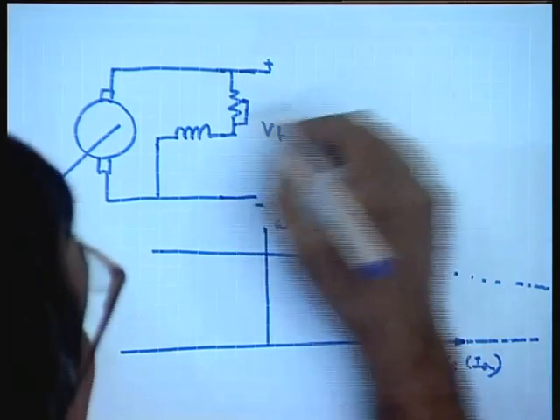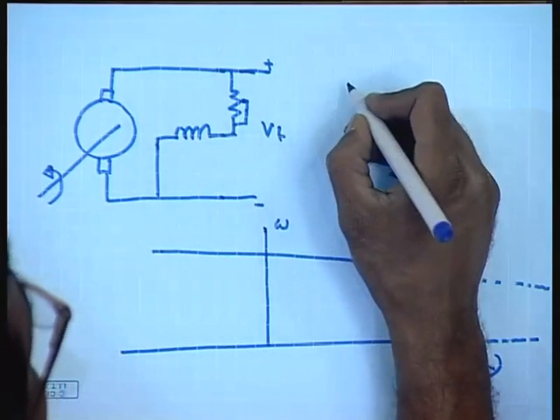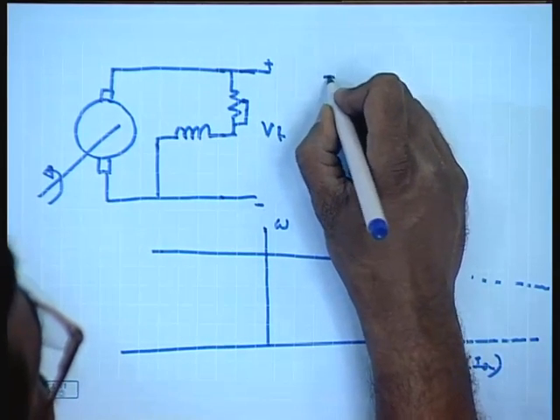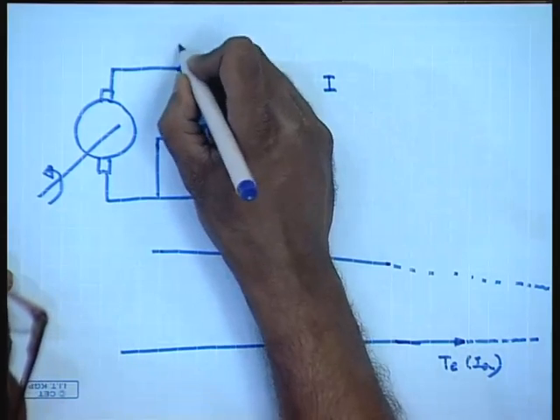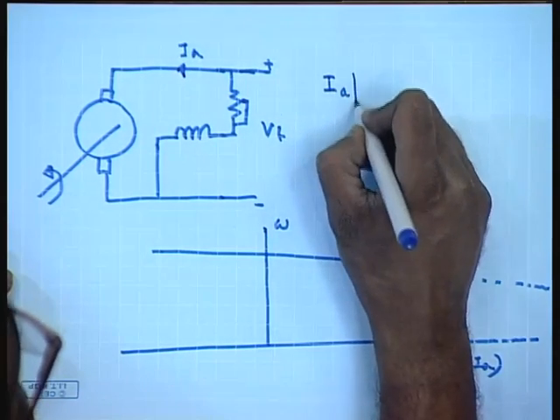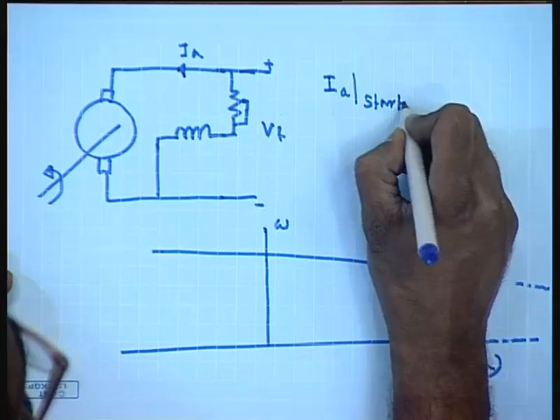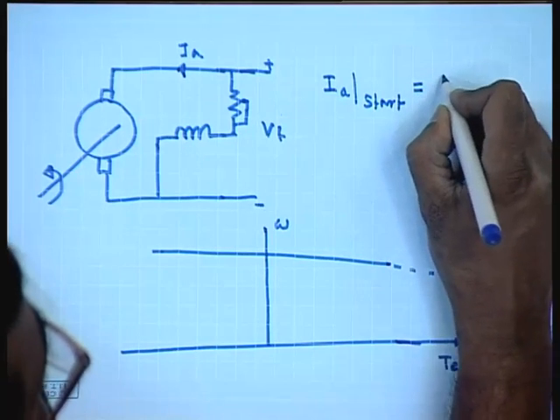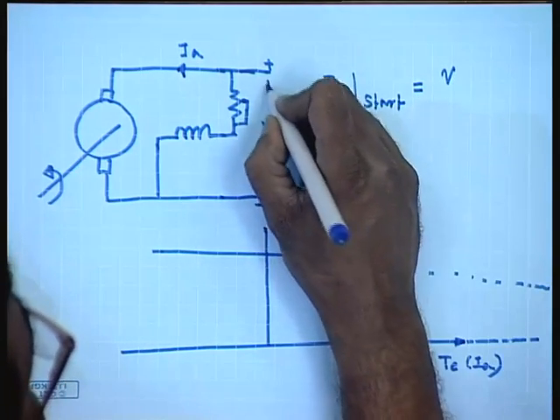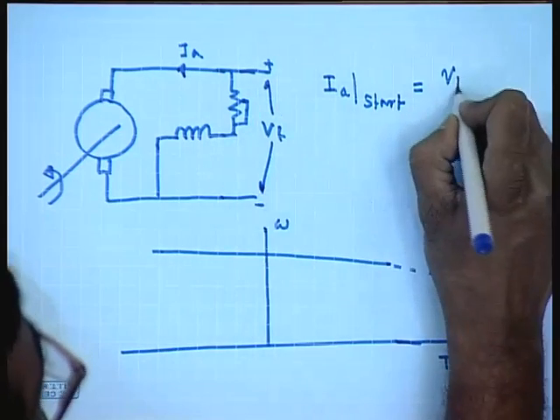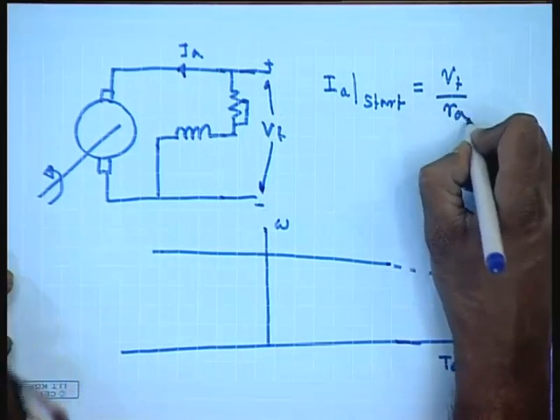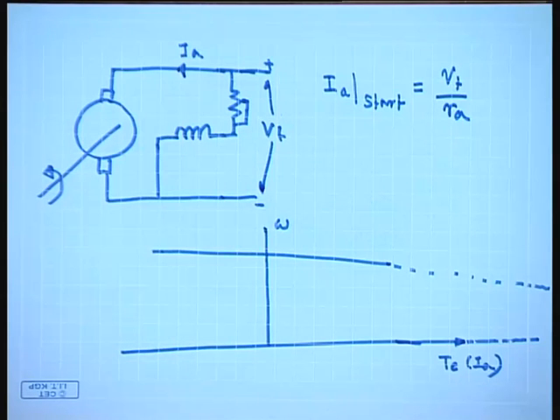This is obvious because at start the back EMF is 0. So, the armature current Ia at start equal to Vt by Ra. Now, this Ra is a very small value, because if we want high efficiency at loaded condition, we cannot have a very large armature resistance.